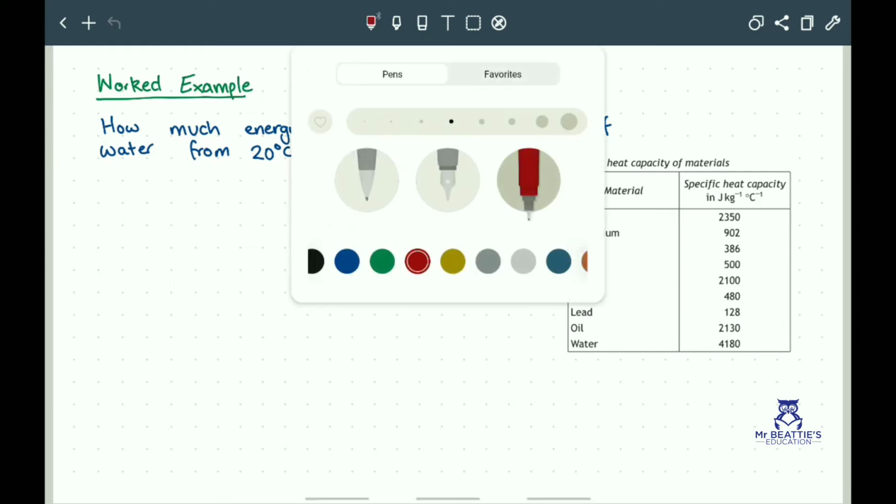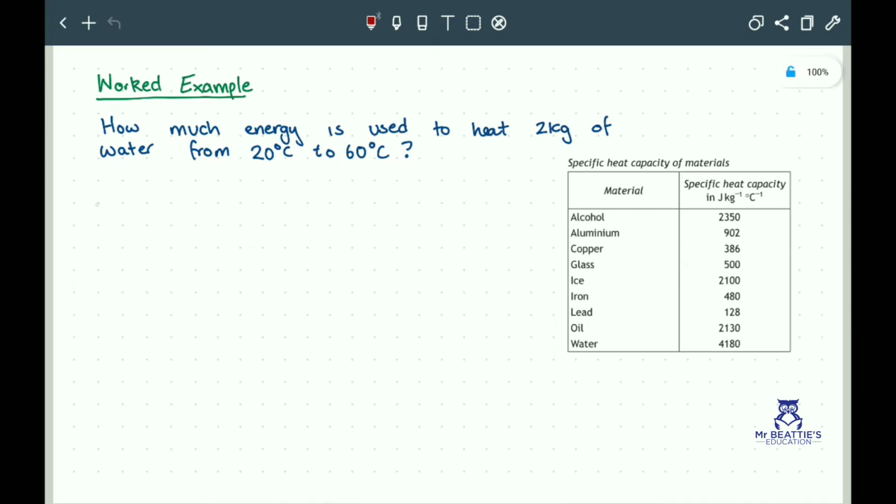I'm going to change the colour of pen so that you can see the difference. And what do we know? We know that the mass is 2 kilograms. Then we've got temperature 1 is 20 and temperature 2 is 60, so our change in temperature there is going to be 40 degrees Celsius.